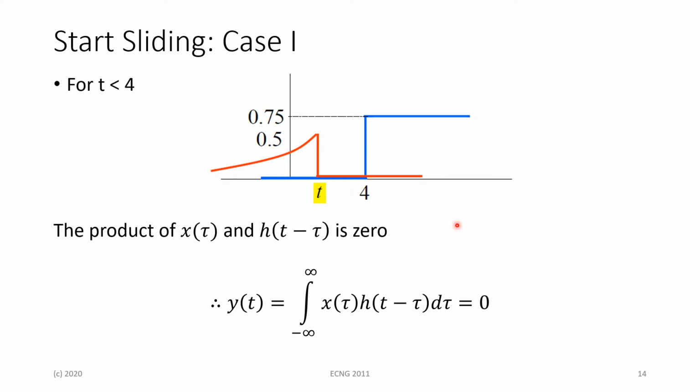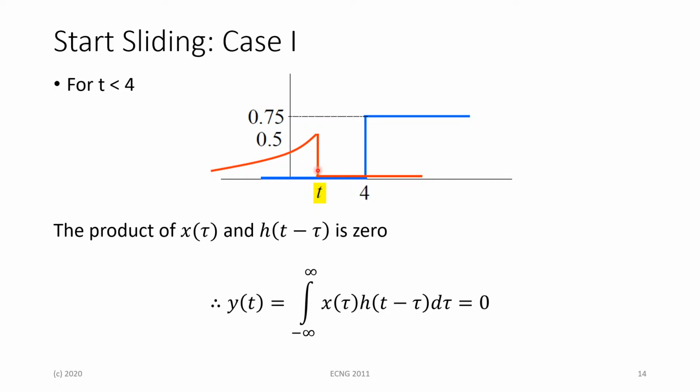In doing our evaluation for the convolution, we consider doing this in a series of cases or steps. Because we know the x of tau signal remains stationary, and the h of t minus tau signal is what we're sliding across it, we consider the first instance where t is less than 4.